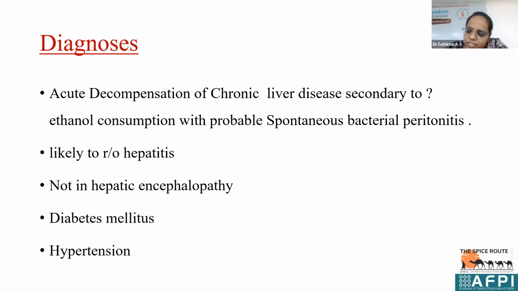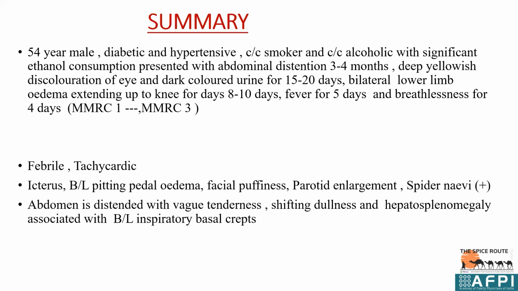Sir, first from history, ethanol consumption is there. No, we have already moved on to the examination. Based on the history and examination, what are the points to suggest that the patient has underlying chronic liver disease? Chronic means we are talking about cirrhosis.